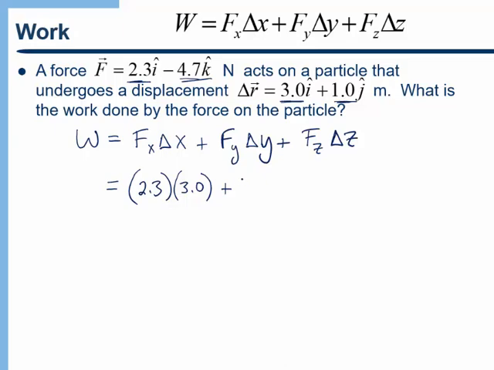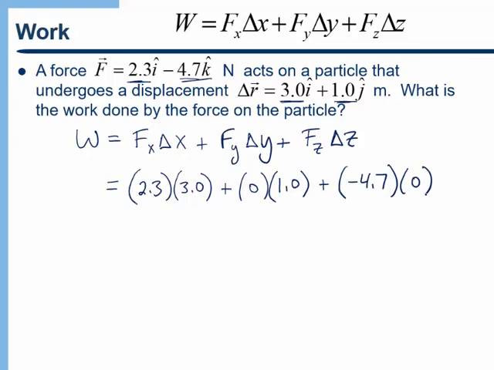The x component of the displacement is 3. The y component of the force is 0. There is no j component. The y component of the displacement is 1. And then the z component of the force is negative 4.7, but there is no z component of the displacement. And now I simply have to do the math.